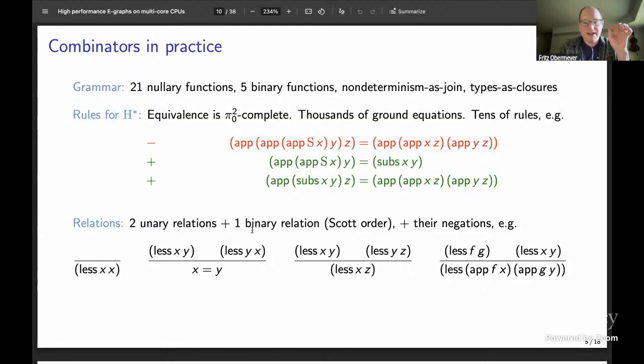And so I have axioms for the partial ordering and monotonicity with respect to all these functions. And then the system I have also represents negation. It has two unary relations and one binary relation, and for each of those, it also has the negation of those.